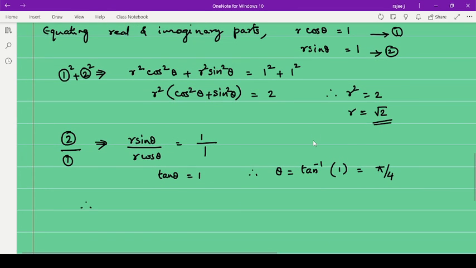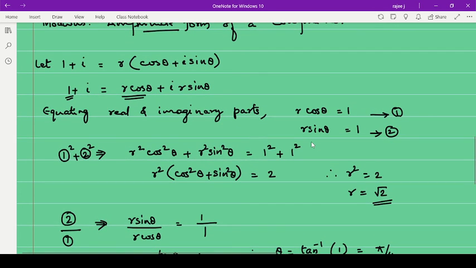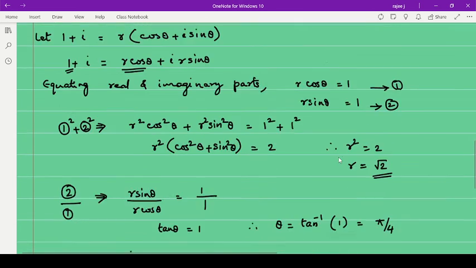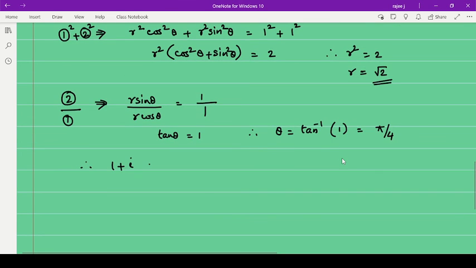Therefore 1 plus i equals r into cos theta plus i sin theta, that is root 2 into cos pi by 4 plus i sin pi by 4. There are some rules to find this theta.